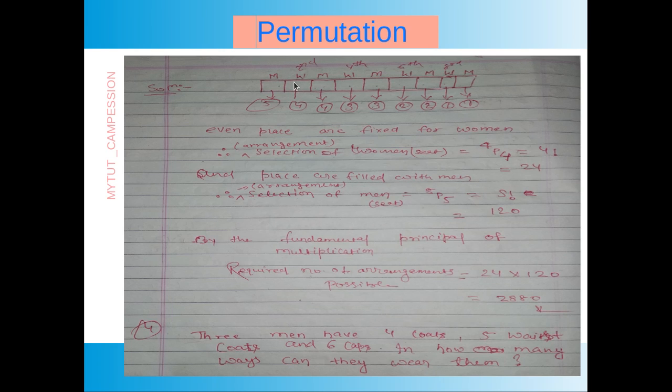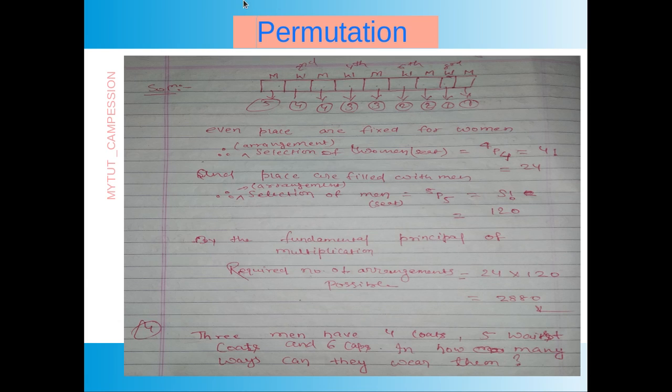So the women's arrangements are possible in seats 2, 4, 6, 8. Here you have 4 seats at even positions and 4 women. So the arrangement is possible in 4 factorial ways, that is 4P4 equals 4 factorial.